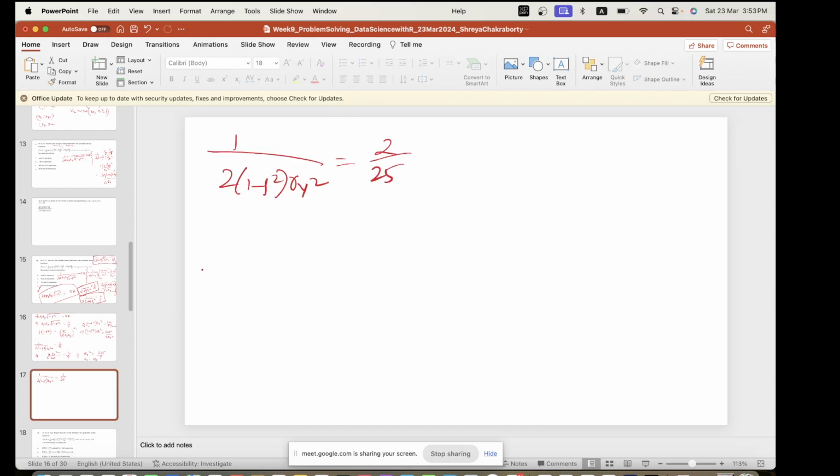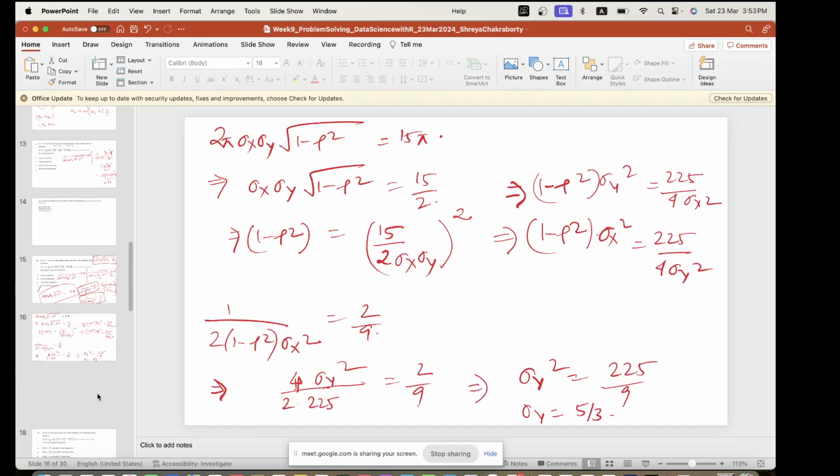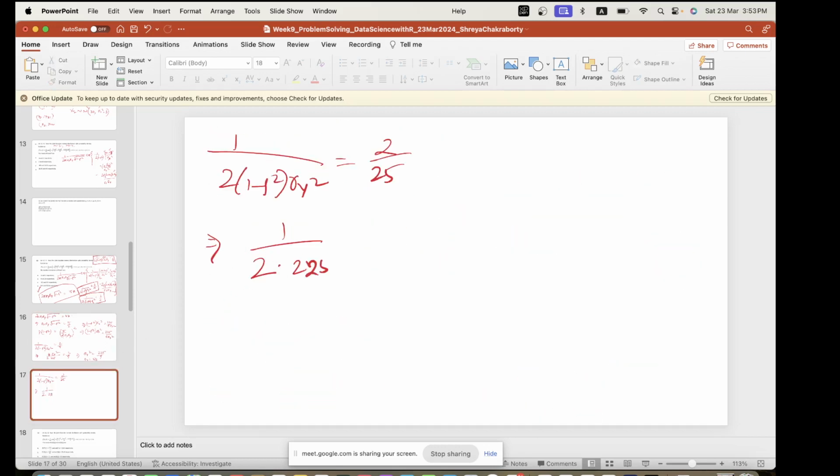So substituting, what do we have? 1 by 2 into 225 by 4 sigma x square equal to 2 by 25. So 2 here cancels, sigma x square equals 25. So then sigma x equals 5.